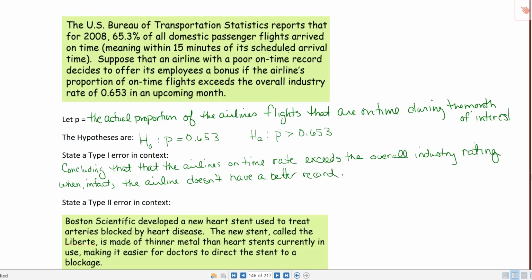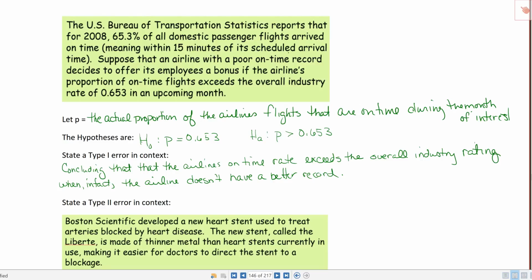So what would that mean to the people working on the airline? Well, if they concluded that the airline on-time rate exceeded the overall industry standard, what did they tell their employees? They told their employees that they would get a bonus, right? So they would give out a bonus to their employees, but they shouldn't be giving out that bonus because the employees didn't actually earn that bonus, right?